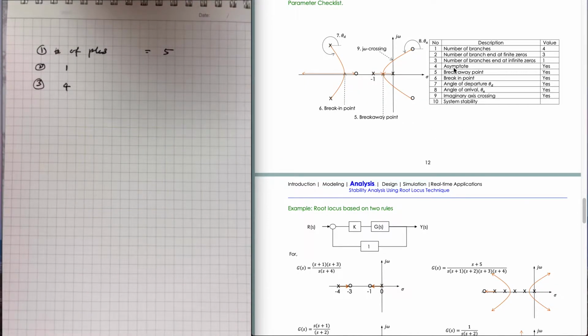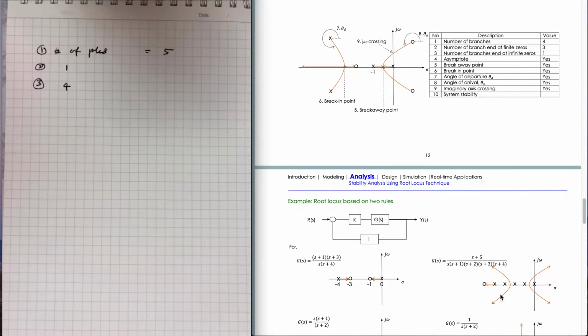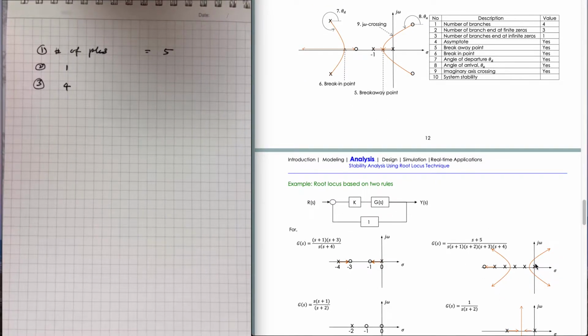And then asymptotes, yes, because if there is a difference between the number of poles and zeros, we need asymptotes. In the previous example we don't have asymptotes, because we have 2 finite poles and finite zeros, so we know the locations of the zeros. But in this case, there are 4 zeros located somewhere we don't know, at infinity.